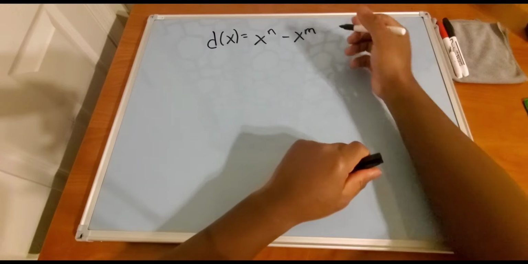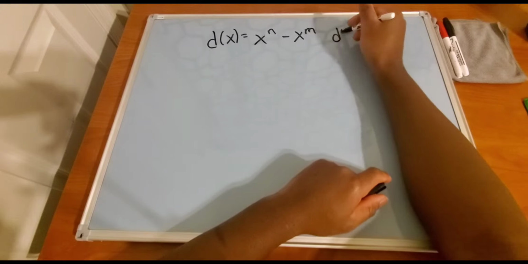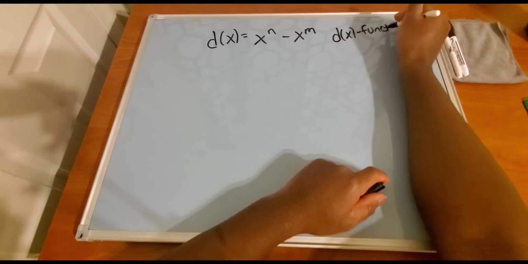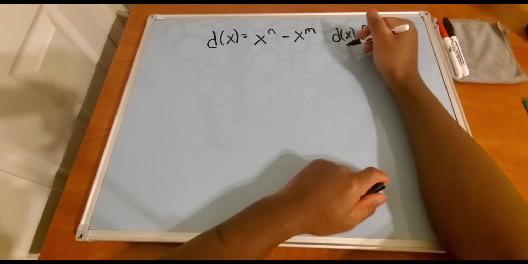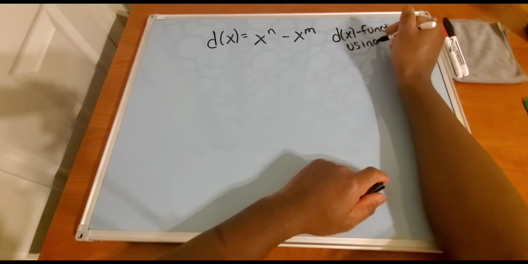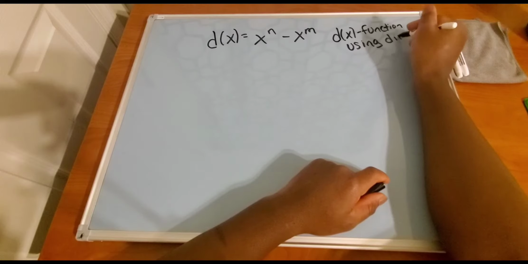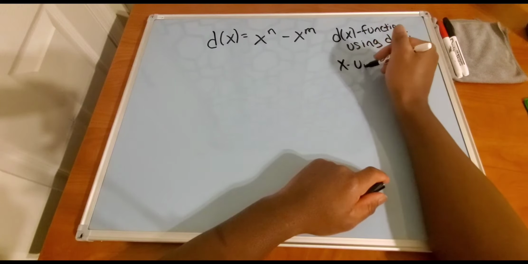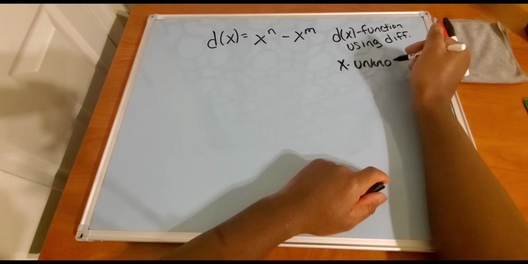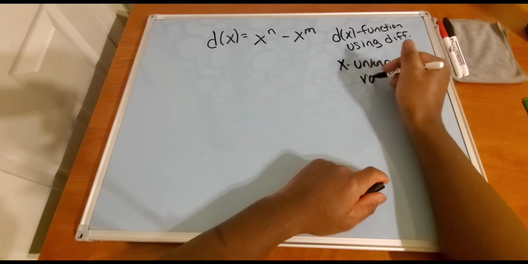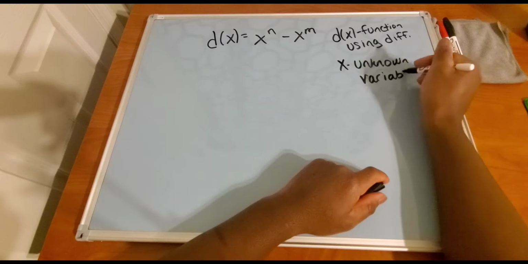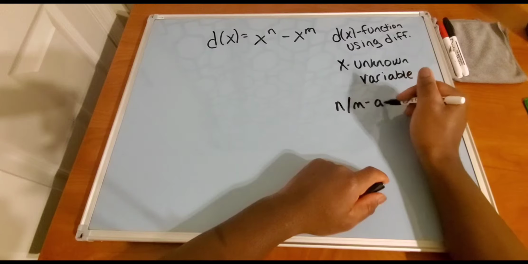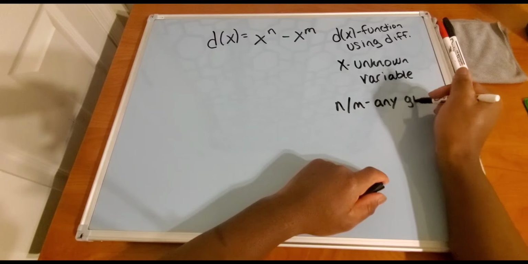So let's define our variables here. D of x is our function that we will use the difference rule on to find the derivative. So I'll just say the function that we will be using the difference rule on. X is our unknown variable. And we know that n and m are just any given number.